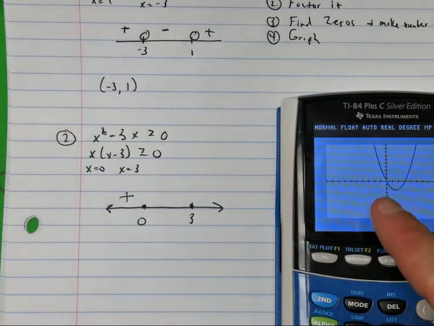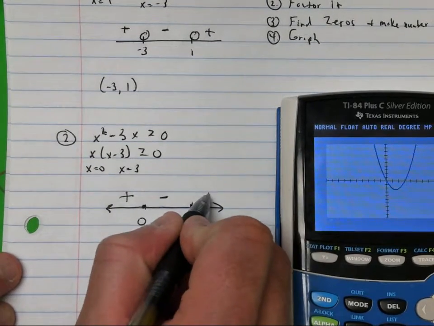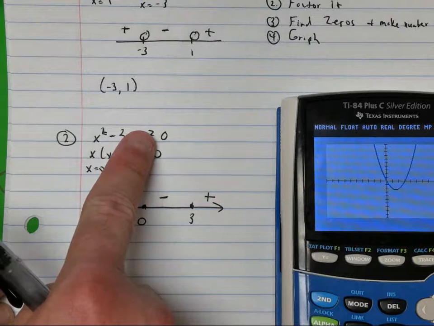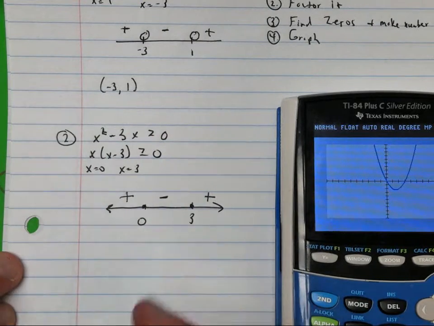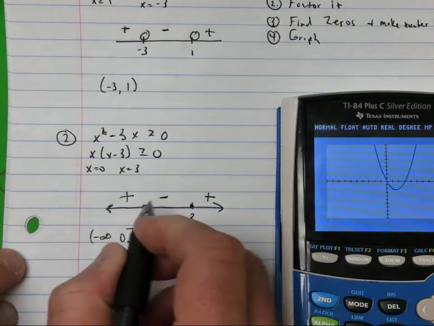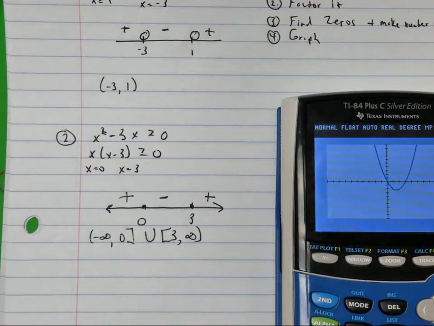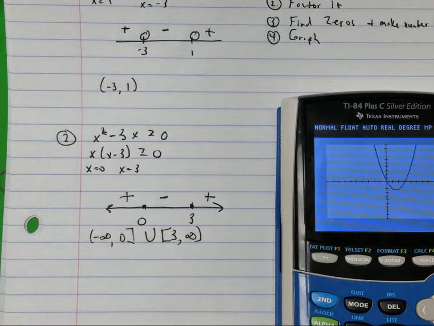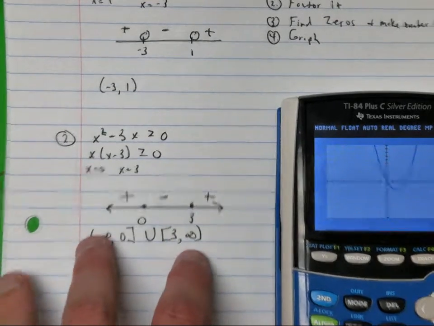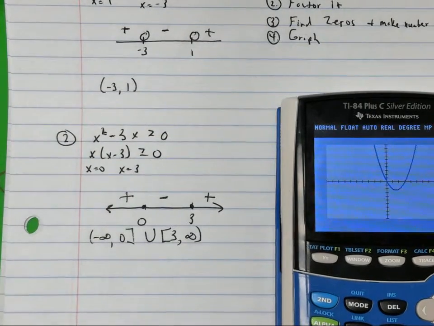From 0 to 3, it dips below, so the y values are negative. And then this is positive. We want the positive values. So it will be from negative infinity to 0, bracket, closed dot, union, 3 to infinity. All those numbers in those intervals would be my solution.